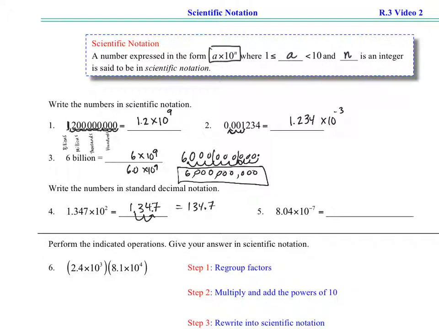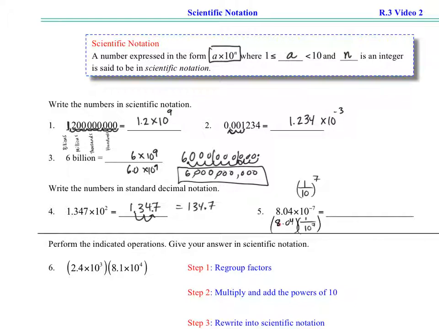Here we're multiplying it times 10 to the negative 7th, and 10 to the negative 7th, that's 1 over 10 to the positive 7. And so 1 to any power is just 1, and 10 to the 7th would be 10 to the 7th. So we've got our 8.04 times, that's just multiplication, 1 over 10 to the 7th.